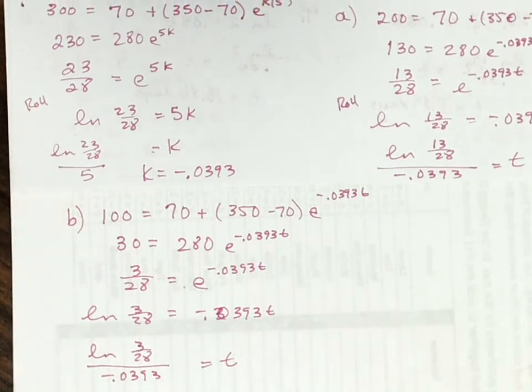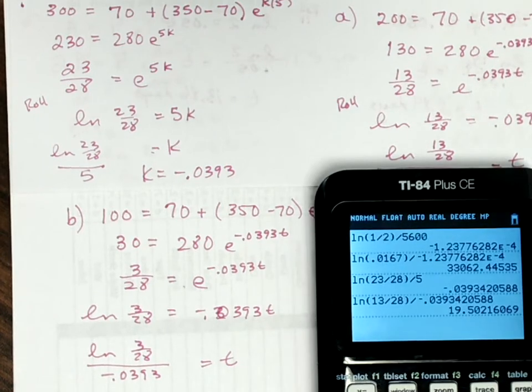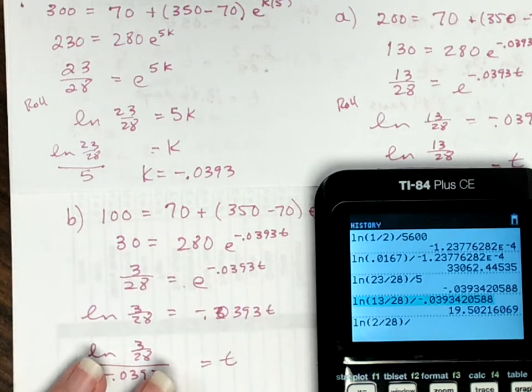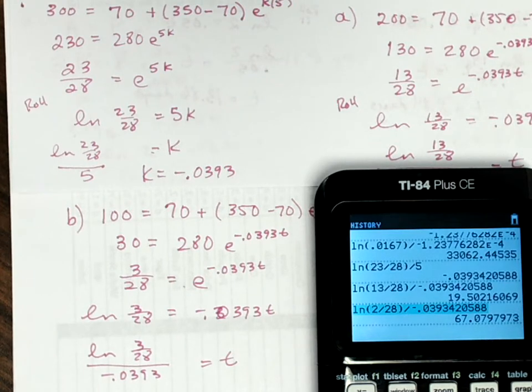Now, when I enter this into the calculator this time, I'm going to say the natural log of 3/28 divided by, and I'm going to scroll all the way back up until I get to the value I'm looking for. Now I'm going to capture that, and it will take me, oh, sorry, I typed it in wrong. Let me fix this.